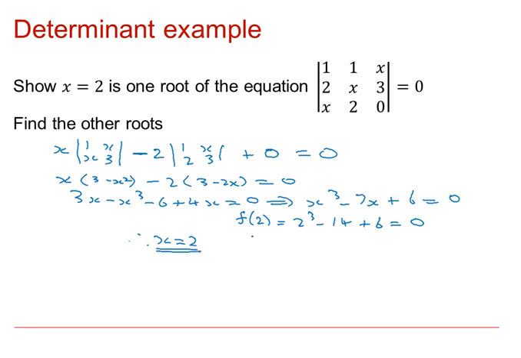Now we need to find the other roots of this cubic. So if we take the cubic again, x cubed minus 7x plus 6 equals 0. We know that one of the factors is now x minus 2, and we need to find the missing quadratic factor. We could do that by long division or a box method. I'm going to use an inspection method, so I'm going to say to get the x cubed I need x times x squared.